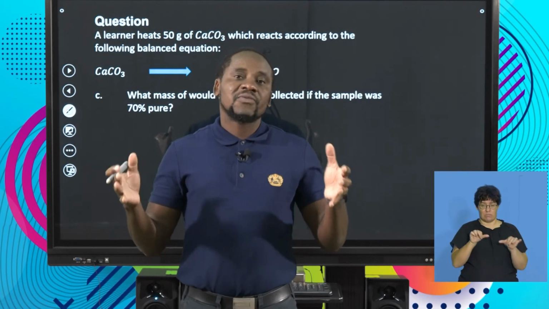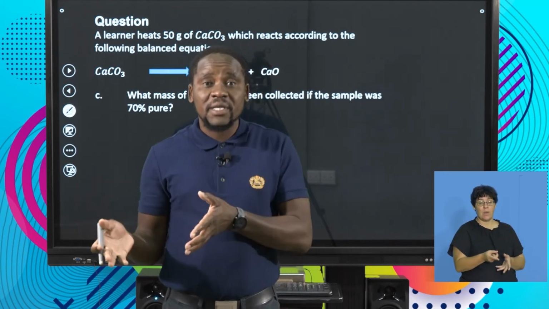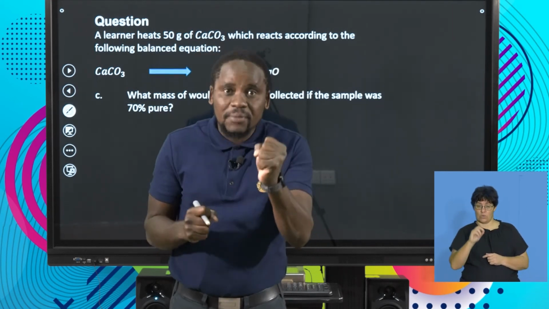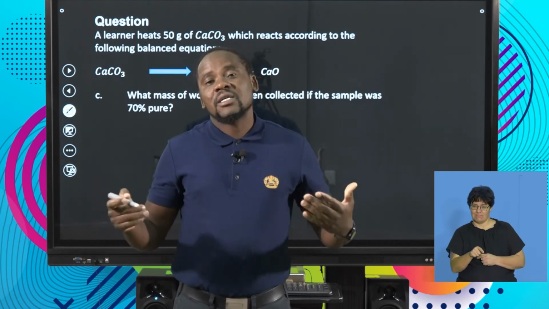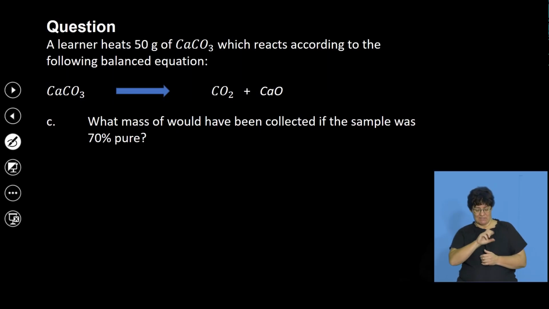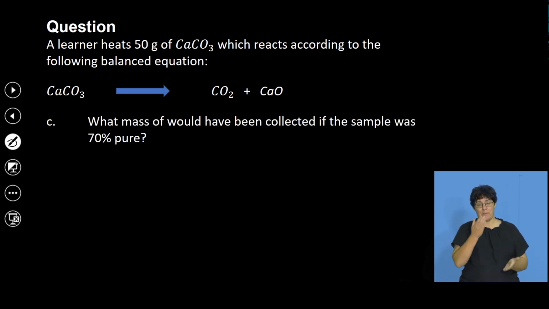We are saying that of the 50 gram sample of calcium carbonate, only 70% of that sample is actually the pure substance that we are interested in. Now we're asking ourselves, what will be the mass of carbon dioxide that will be collected? If we go back to the previous one, at 82.73% we got only 18.2.